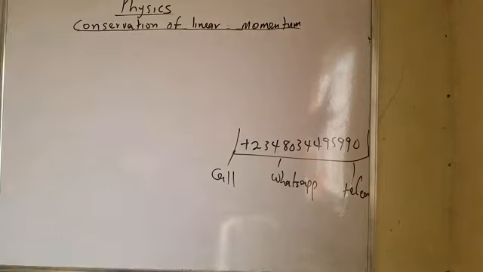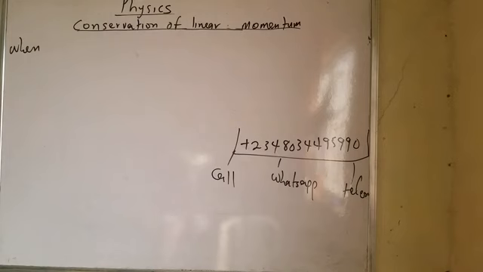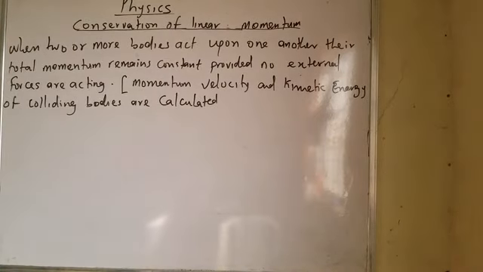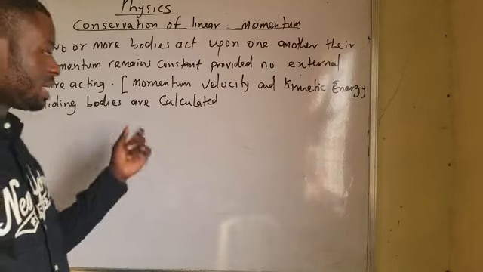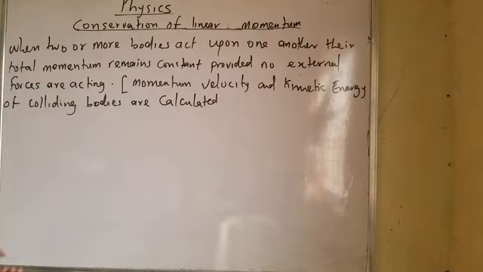This time around, we are combining the second and third laws, which results in the law of conservation of linear momentum, which states that when two or more bodies act upon one another, their total momentum remains constant, provided no external forces are acting.